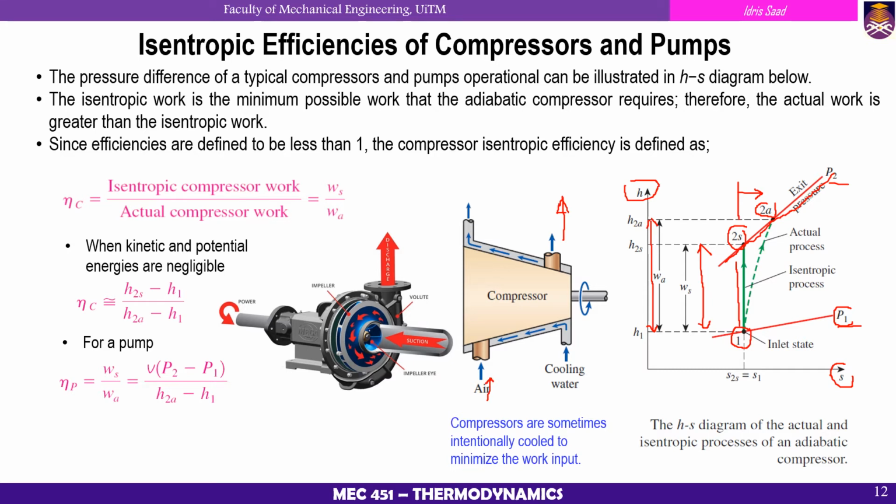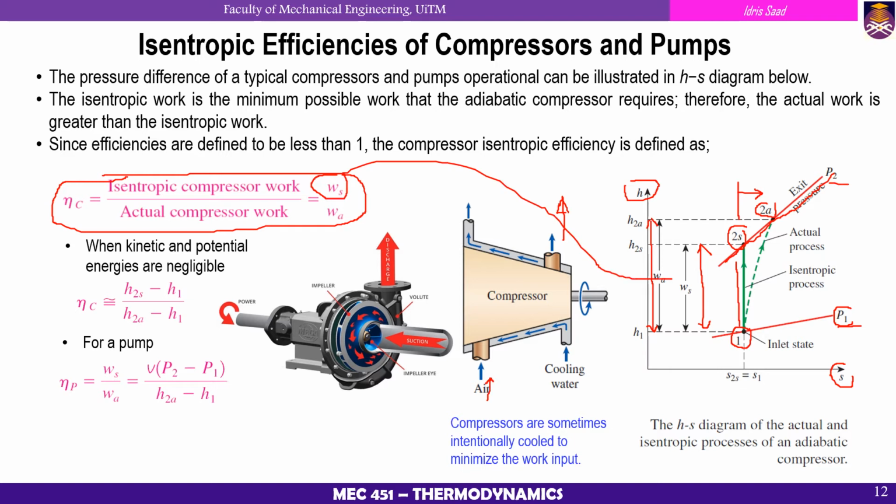Similarly, since efficiencies are defined to be less than 1, as we learned in the topic of heat engines, the compressor isentropic efficiency is defined as the isentropic compressor work divided by the actual compressor work. This is because the isentropic work is lower than the actual work of the compressor or the pump.